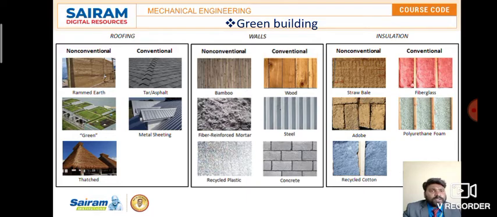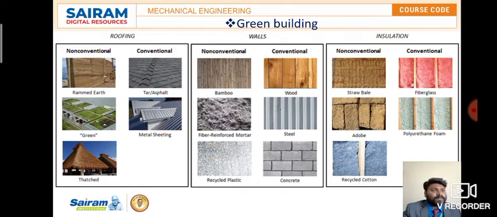Coming to the walls, the conventional method is wood or steel or concrete. These are the things that we follow for constructing walls. On the other side, the non-conventional method is bamboo sticks, fiber reinforced mortar and recycled plastics, which we can use for walls. And next one is insulation.